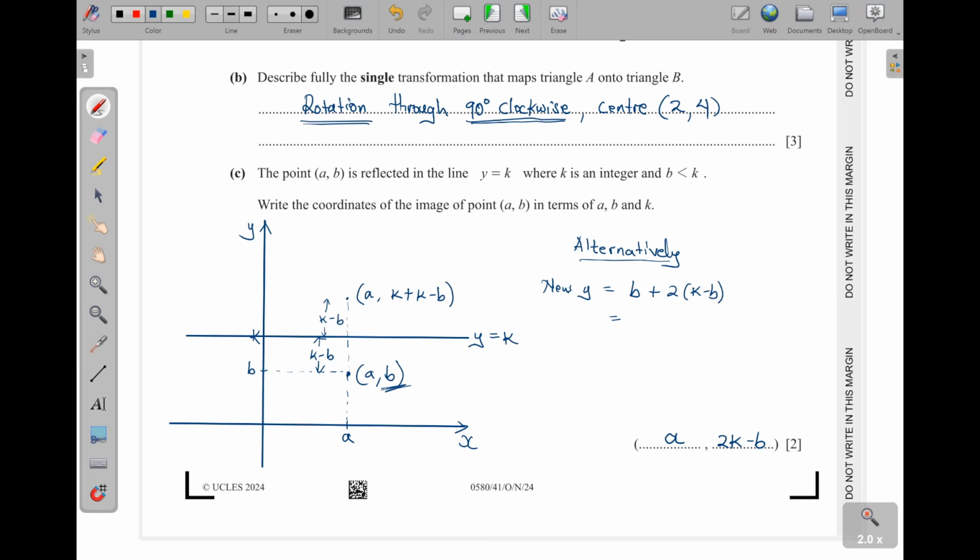So you have b plus 2(k minus b). When you open the brackets, we shall have 2k, b minus 2b, that is minus b. So it's the same as the other.